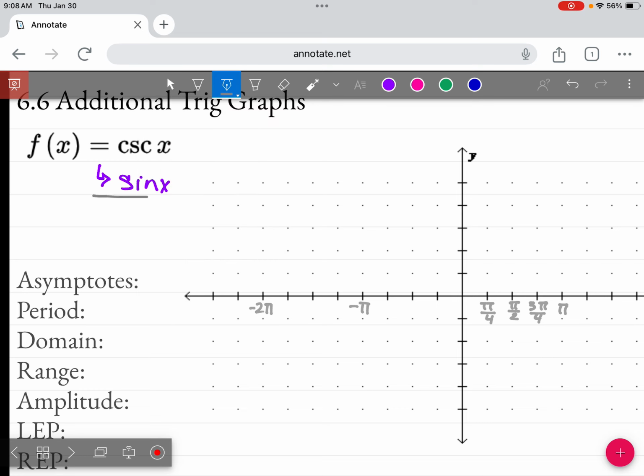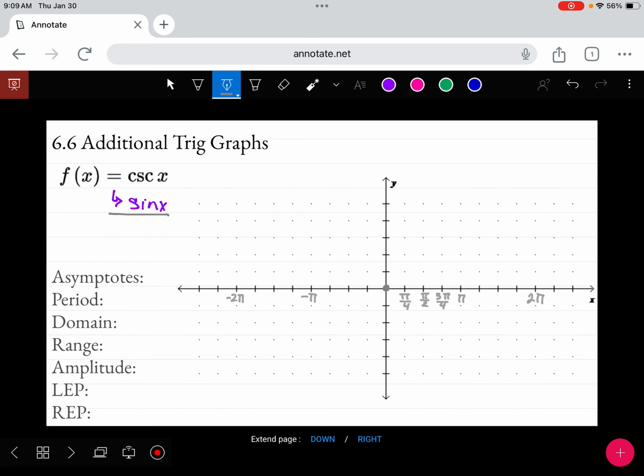So sine starts where? What's our first point on sine? 0. Because if we think through our unit circle, that's what we're doing. So angle 0, we're right at 0.